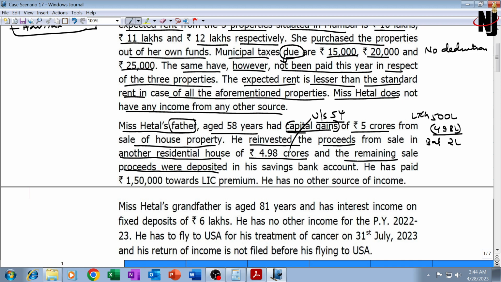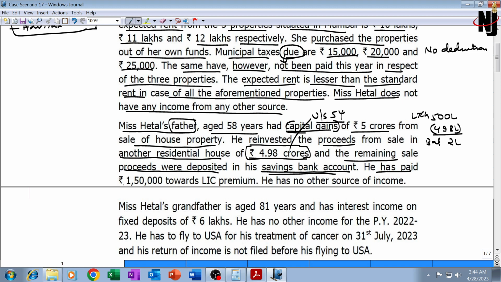This 2 lakh rupees he has not invested in capital gain account scheme, he has deposited in savings bank account. So this 2 lakh depositing in savings account will not entitle him for any kind of benefit or any kind of exemption. Only 4 crore 98 lakhs, that is 4.98 crore, will entitle him for section 54. This balance amount is not deposited in capital gain account savings scheme. It is deposited in a regular savings account.